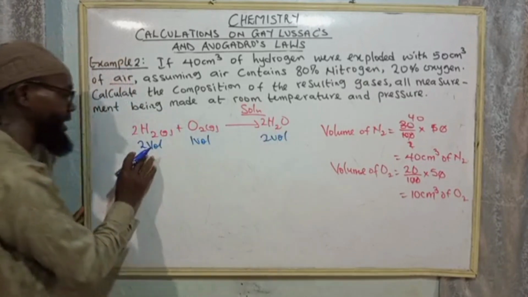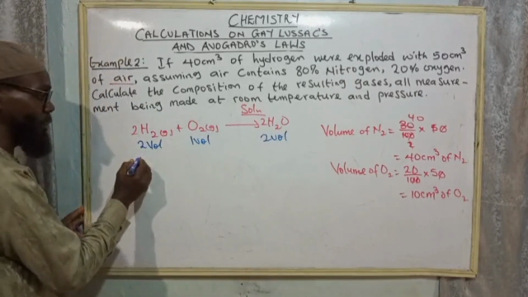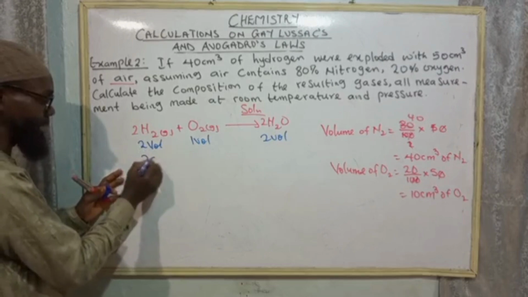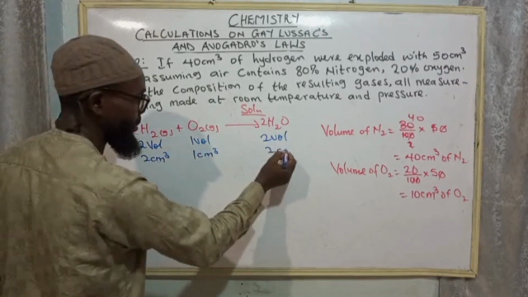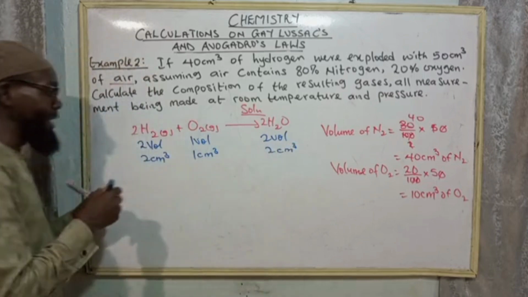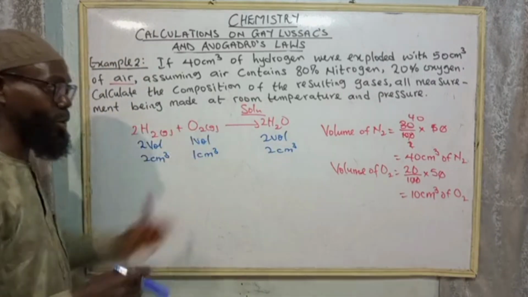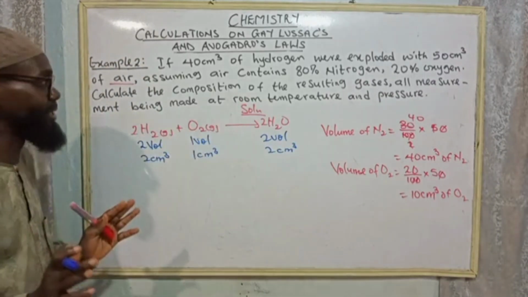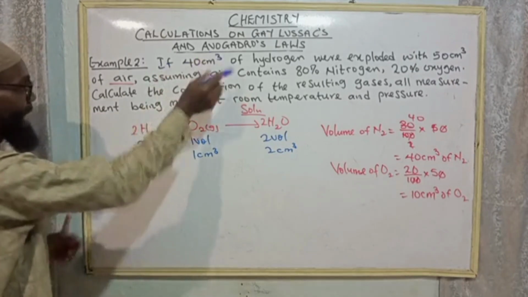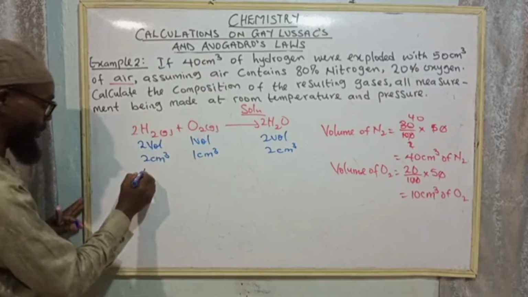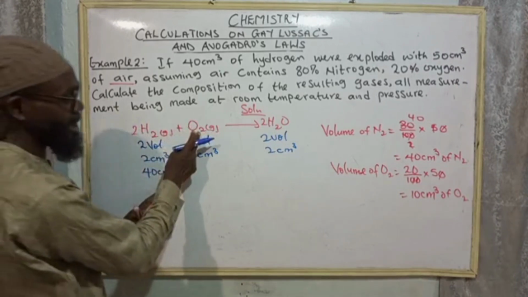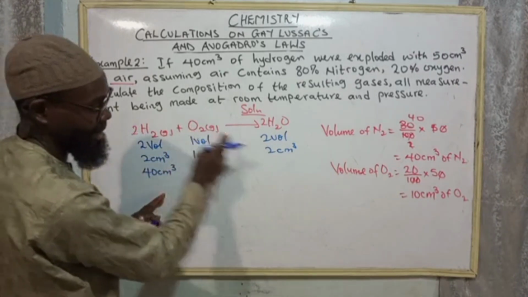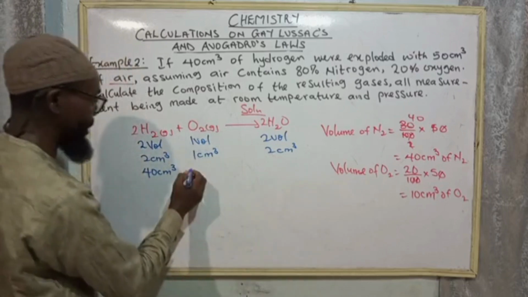So this is 2 volume means 2 centimeter cube, 1 centimeter cube, and 2 centimeter cube. But when hydrogen was reacting with oxygen, water has not been produced at that point. Now, if 40 cm cube of hydrogen is here, then oxygen that is going to be reacting is going to be 10 cm cube.